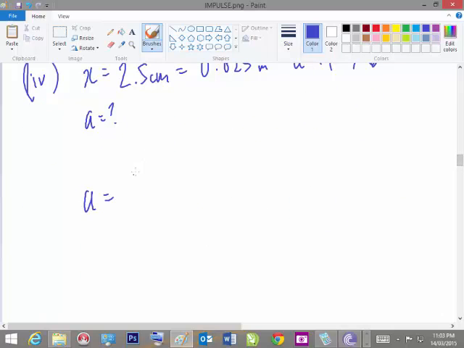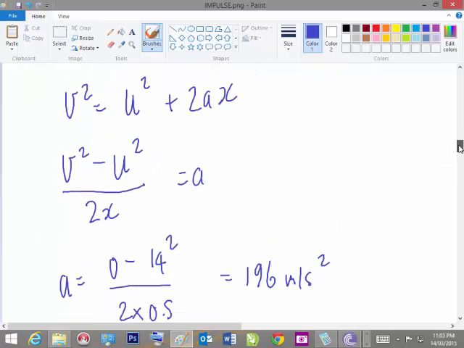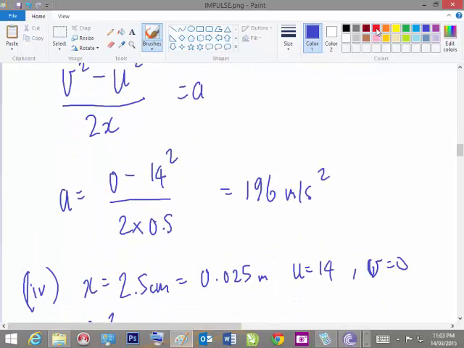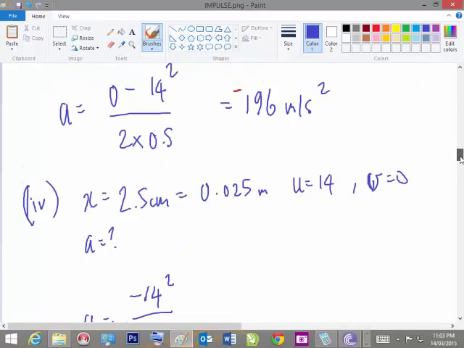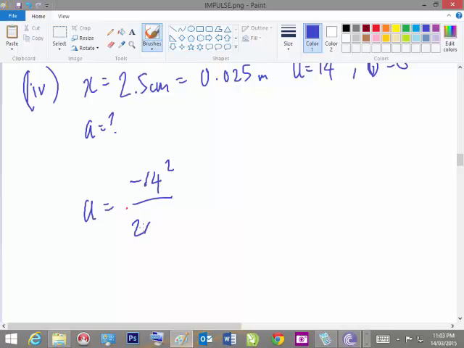So in the same case, it's negative 14 squared over 2 times 0.025. You can see it's going to be much more.